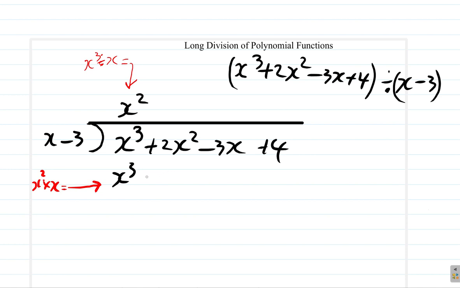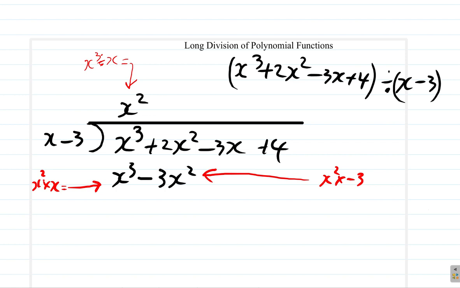Then you say minus x squared times negative 3 is negative 3x squared. So what you have is x squared times negative 3. You get this negative 3x squared.